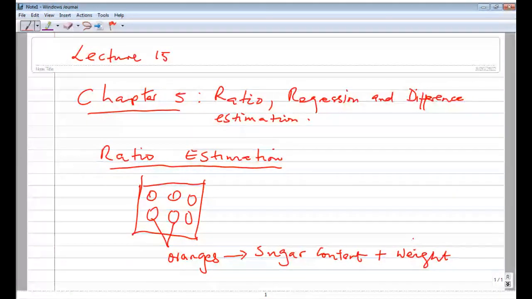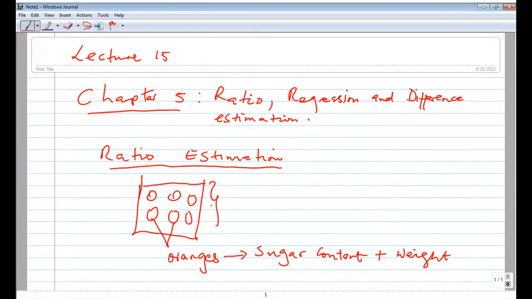Now, the whole price of that box that contains oranges is based on the sugar content of the load.